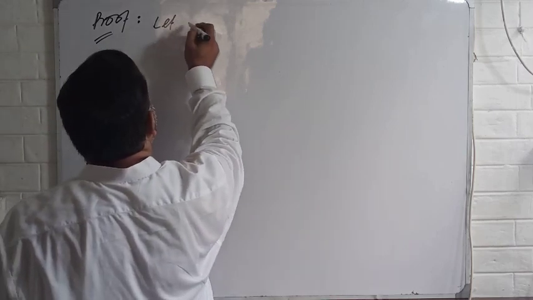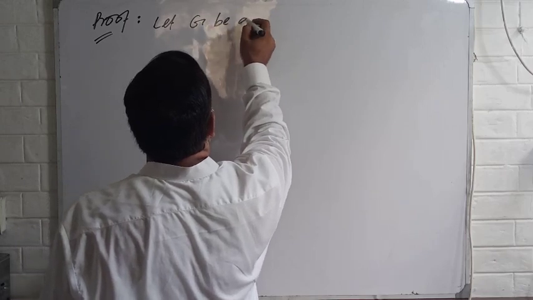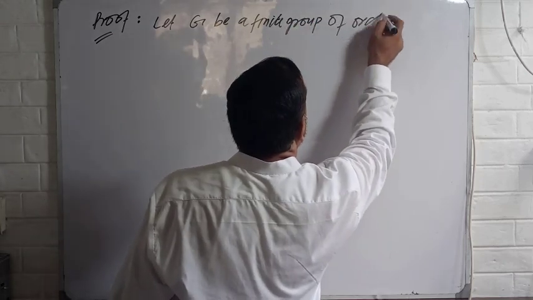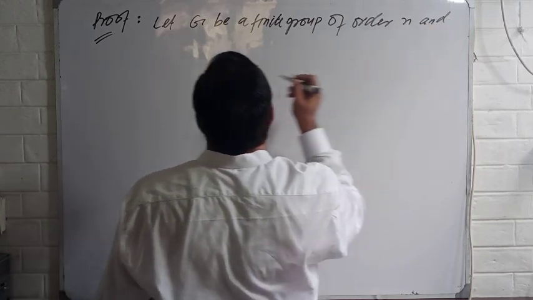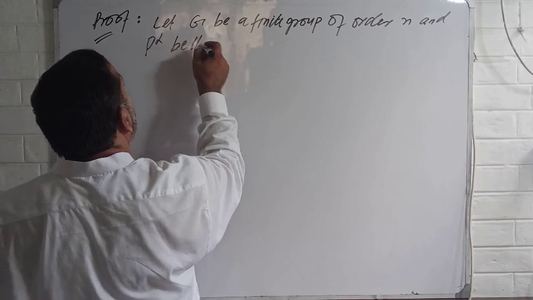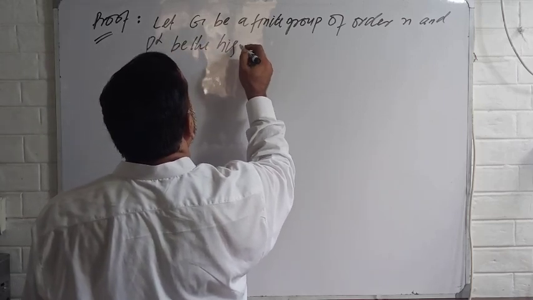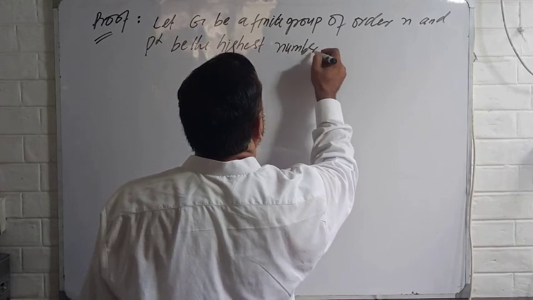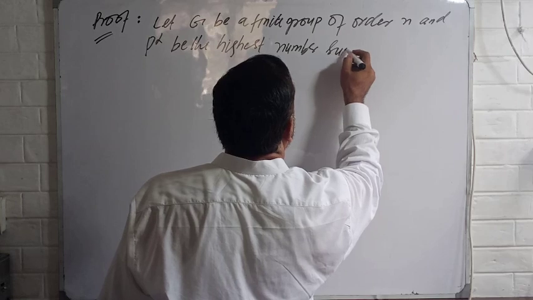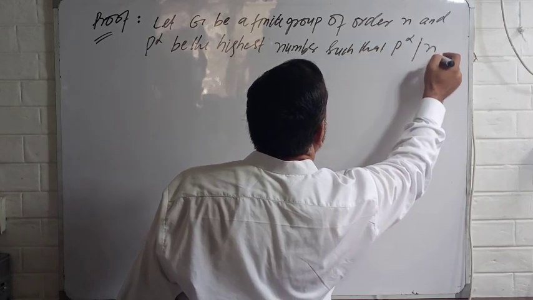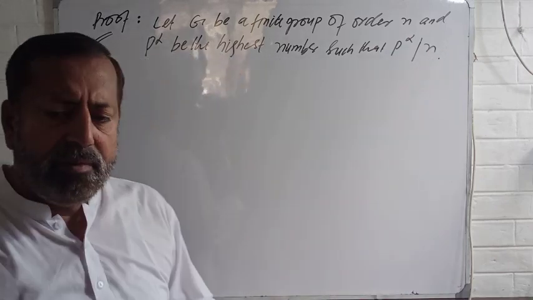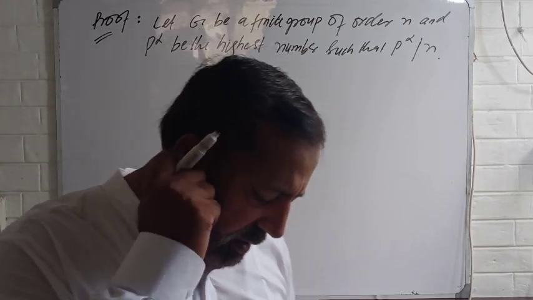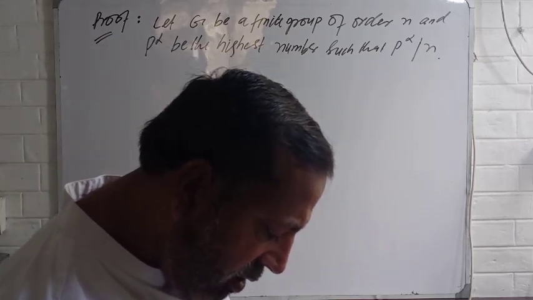That is, alpha is the highest number such that p^alpha divides the order of G. Okay, so we apply induction on the order of G.